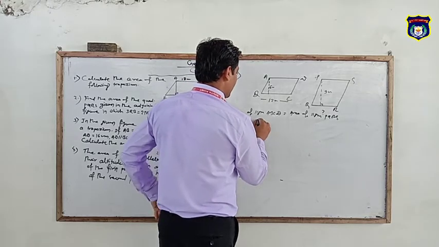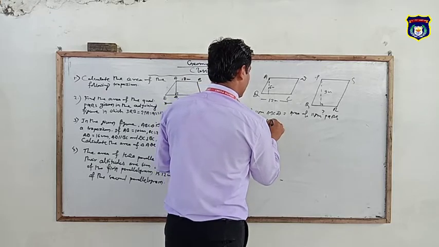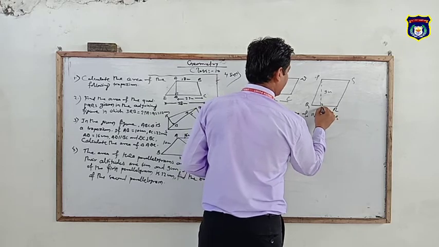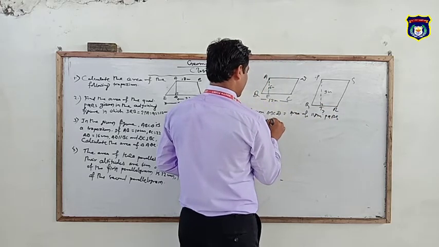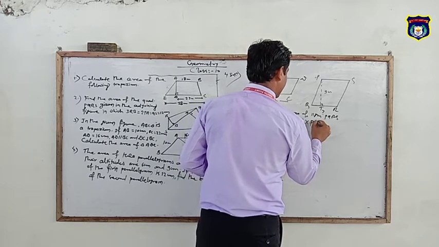Area of parallelogram is base into height. So BC into AE equal to QR into PT.